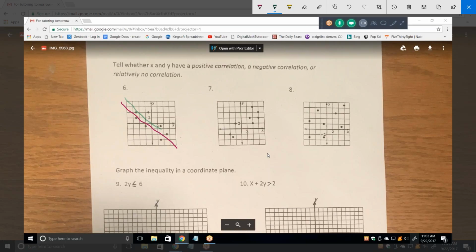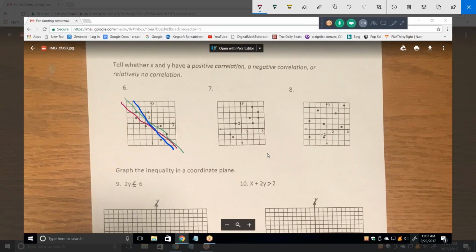Might look like that. Let me see if there's any other. Yeah, I could increase the slope a little bit, draw it like that. So any of those 3 lines might be the best line to represent those data points.